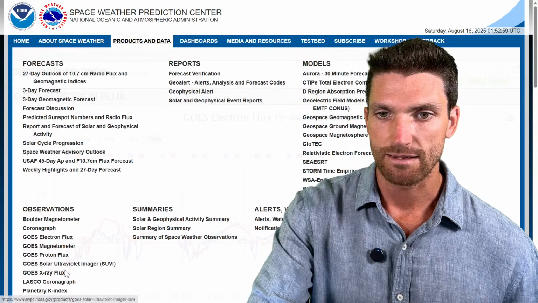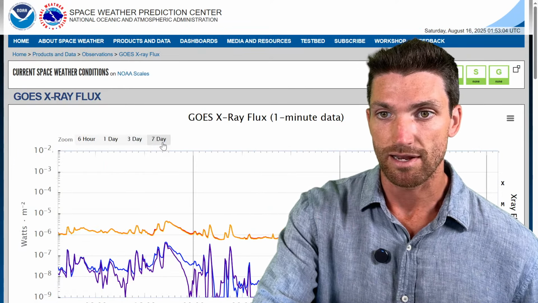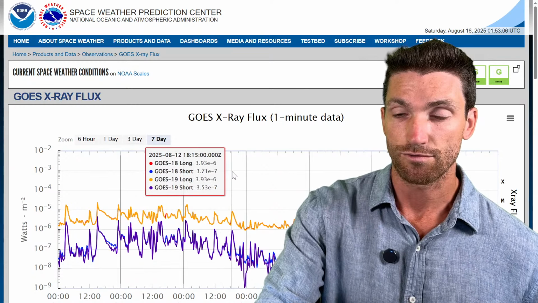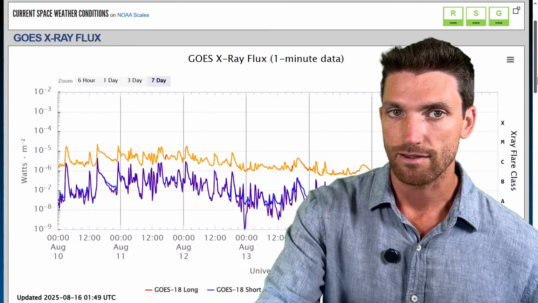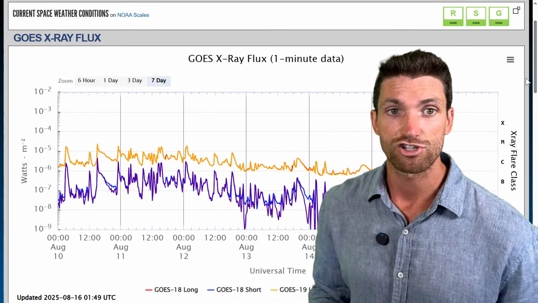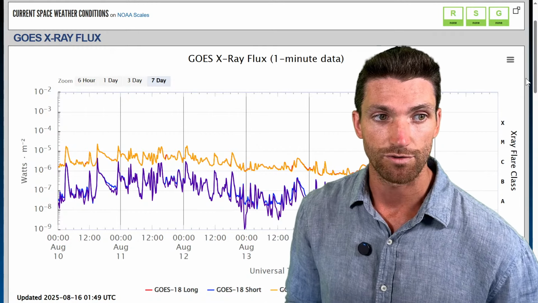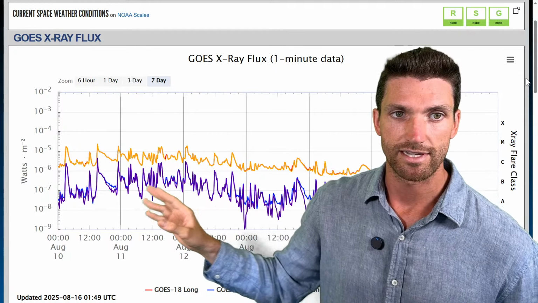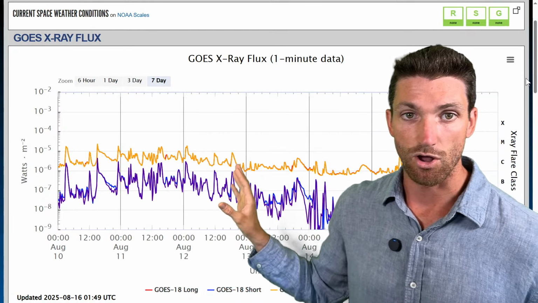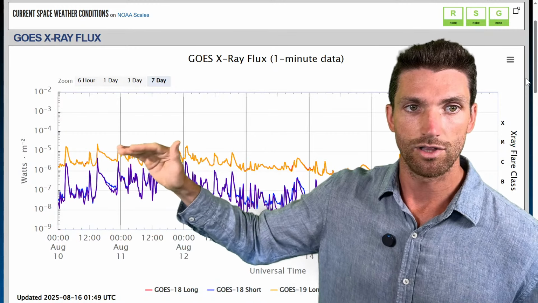Another thing that seems to be important is the ionosphere, as I've discussed already, but how that's charged by solar flares. We just got out of a regime of intense charging of the ionosphere due to a lot of sunspots and them having a lot of solar flares. So we see our X-ray flux here over the past 7 days, and this actually is going all the way back to about August 3rd for when we had a lot of activity all in this range.